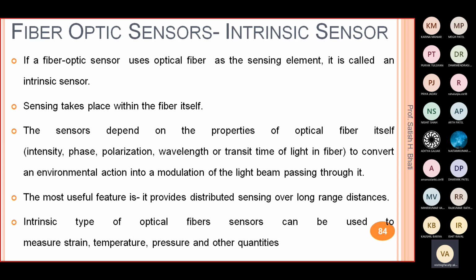Like when you are measuring temperature, then as the temperature changes, you are changing the intensity of light. In some types you are changing the polarization of light, and in some you are changing the phase of light, depending on the temperature change. So that way they are working.